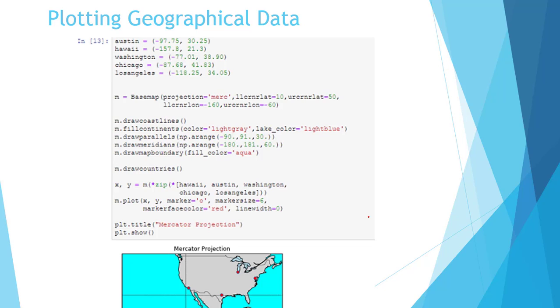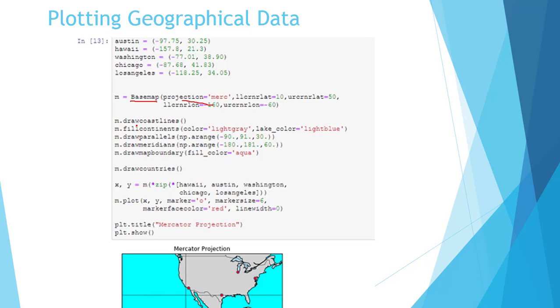First of all, this example begins by defining the longitude and latitude of the various cities. We have called the Basemap function in which we have specified the projection, that is, Mercator projection. After that, we have specified the lower left latitude of the corner, upper right latitude of the corner, lower left longitude and upper right longitude.